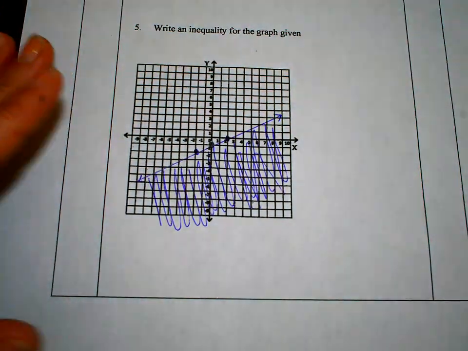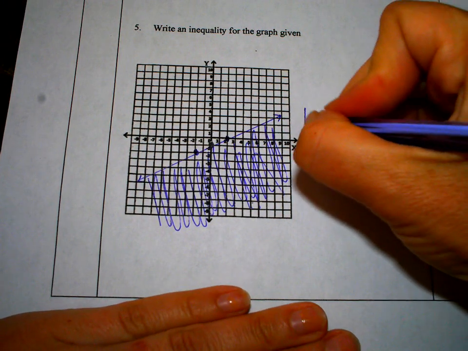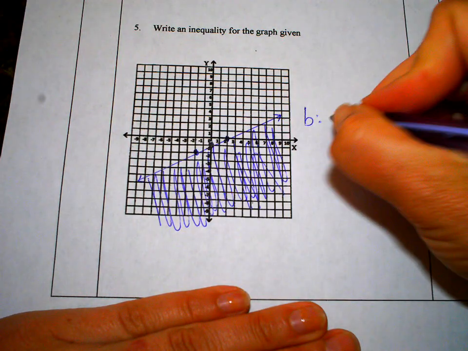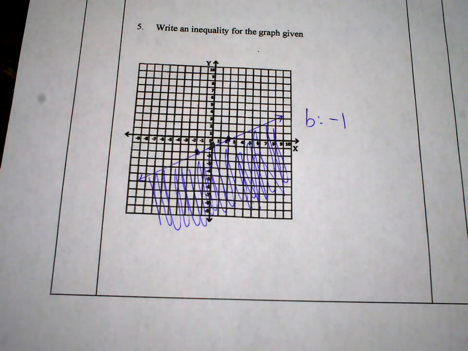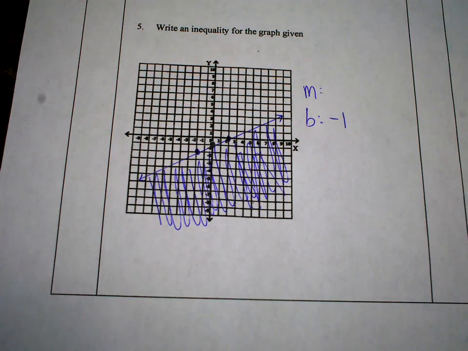Okay. Our job is, what's the equation of this line? What is the y equals mx plus b of this line? So I'm going to begin at negative 1. See, that's my y-intercept. Then I need to find my slope. So I want to know, how did I rise and run?